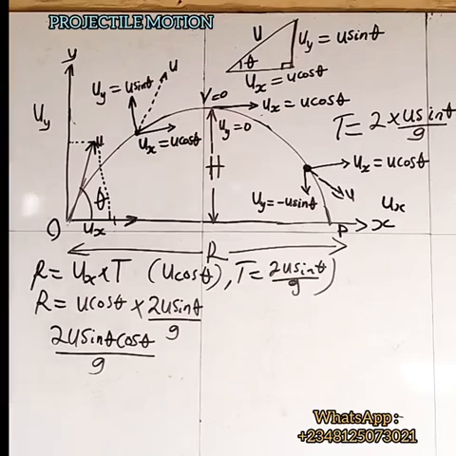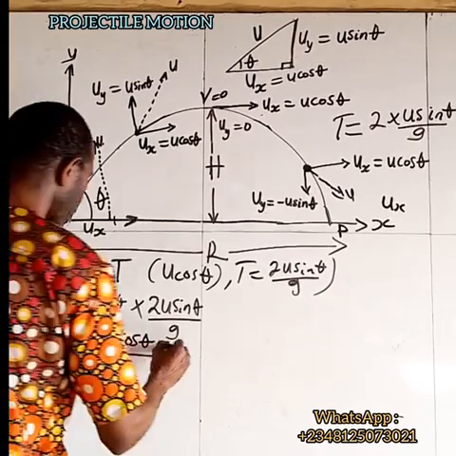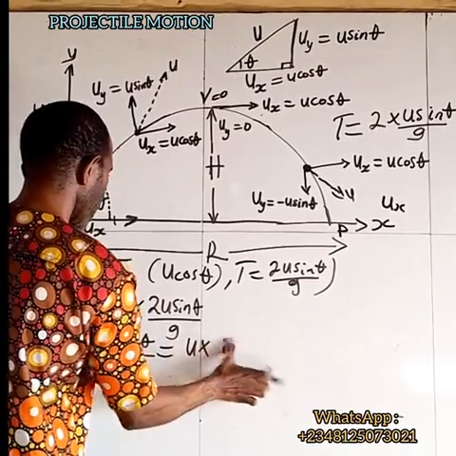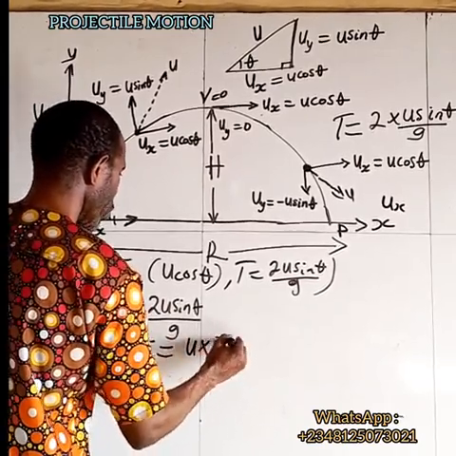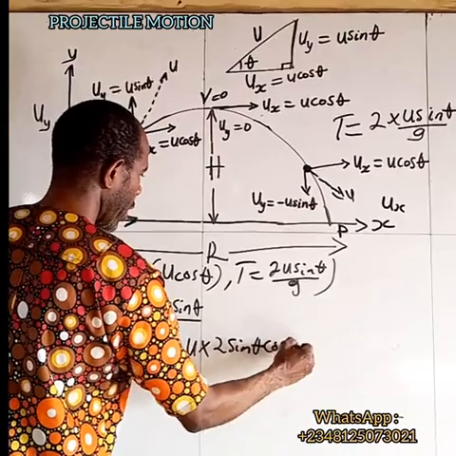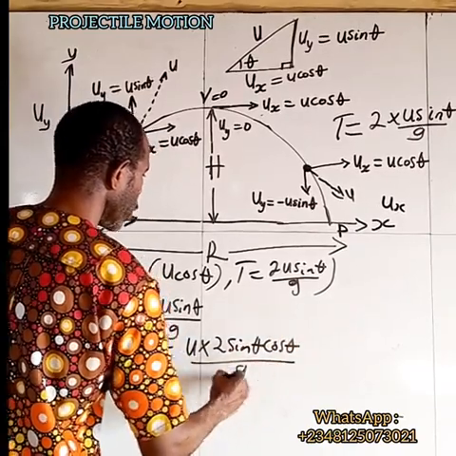Now let us bring out this u squared outside, u squared times 2 sine theta cos theta all over g.